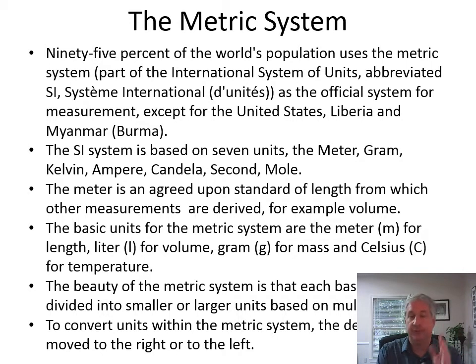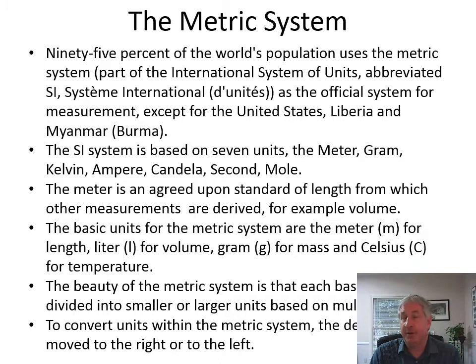So a little cube of centimeter by centimeter by centimeter, a centimeter cubed, is equal to a volume. It's a portion of a liter. Liter is volume. So we'll talk about how all these things are derived. But a cubic centimeter is equal to 1 milliliter. So the basic units for the metric system are the meter for length, liter for volume, gram for mass, and Celsius for temperature.